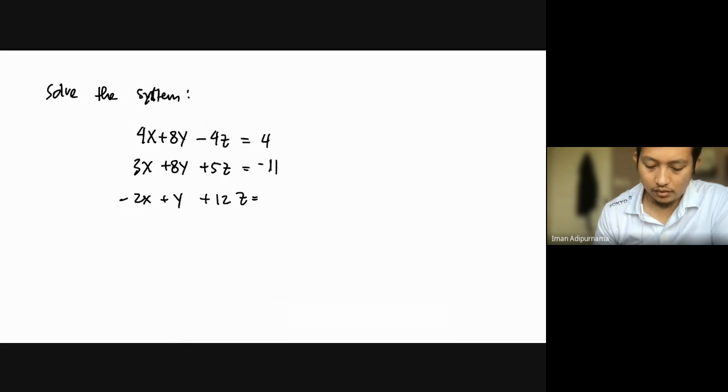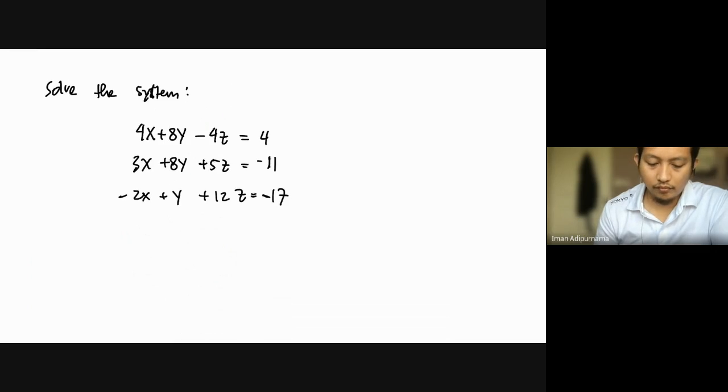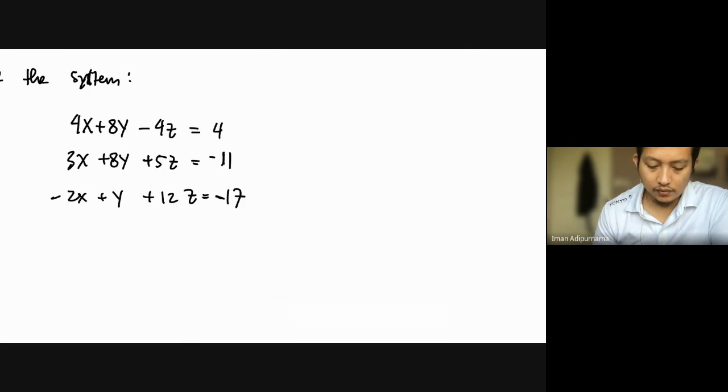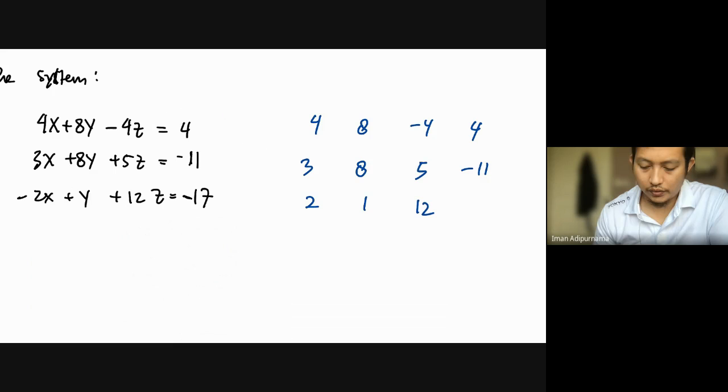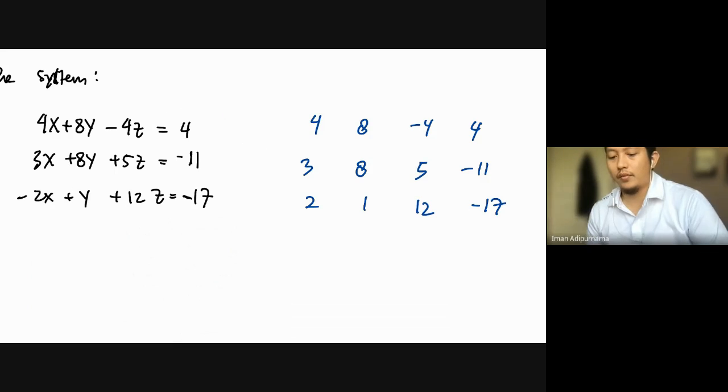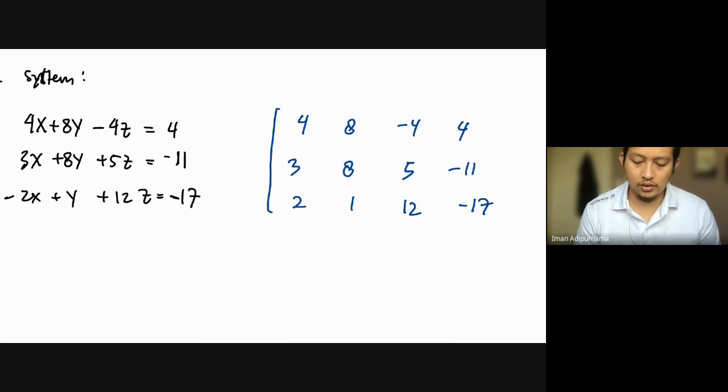Okay, let me write the matrix. So 4, 8, 4, 4, and 3, 8, 5, so 2, 1, 12, 7. Okay, and this will be our augmented matrix.